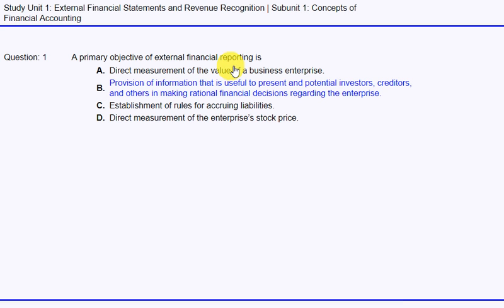All right, the primary objective of external financial reporting is direct measurement of the value of the business enterprise. The financial statements do not measure the direct value of the business.